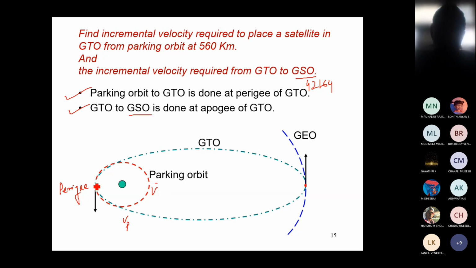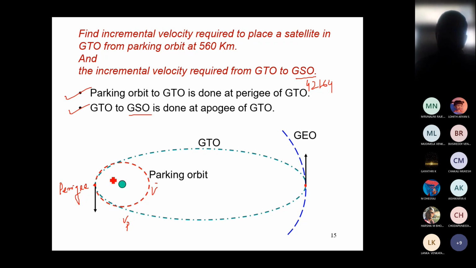For example, if you see, this is the parking orbit and this dotted line represents the GTO orbit, and this point is the common point between parking orbit and GTO orbit. Since this point is common, you may think the velocity must be the same.